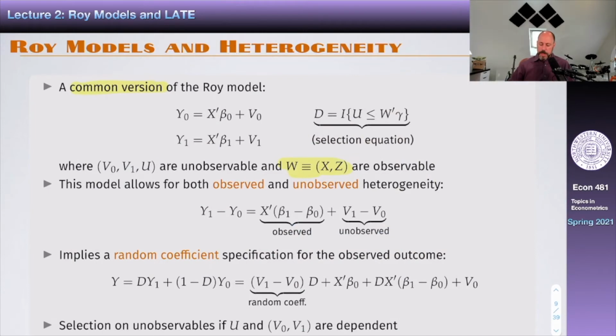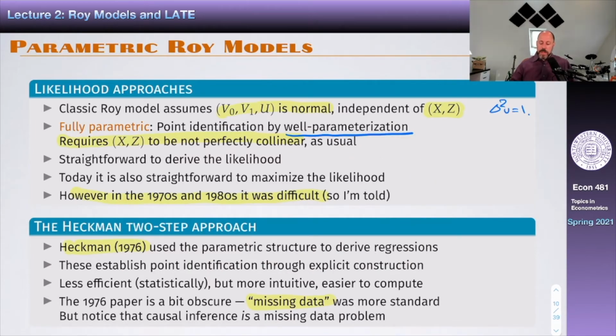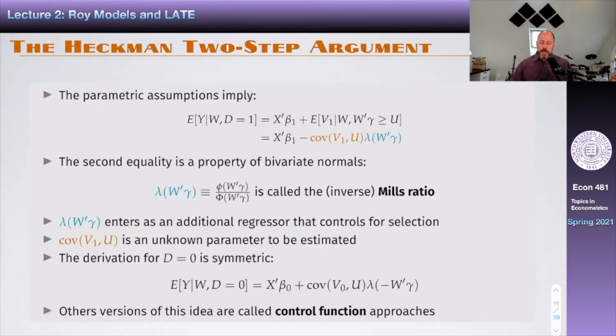So the argument in the Heckman two-step approach is the following. If you use this parametric structure and consider the conditional expectation of y given w and d, where w is x and z, then recalling the expression we derived before, this is x prime beta 1 plus the expected value of b1 conditional on w and d equals 1, which is equivalent to w prime gamma greater than or equal to u.